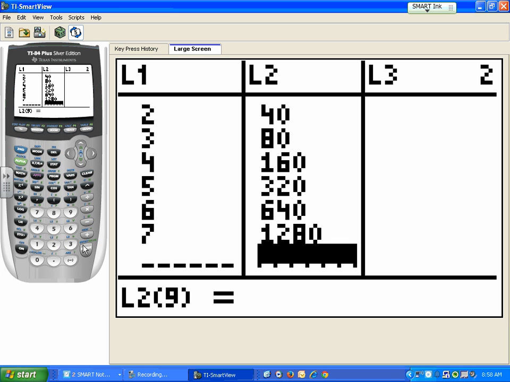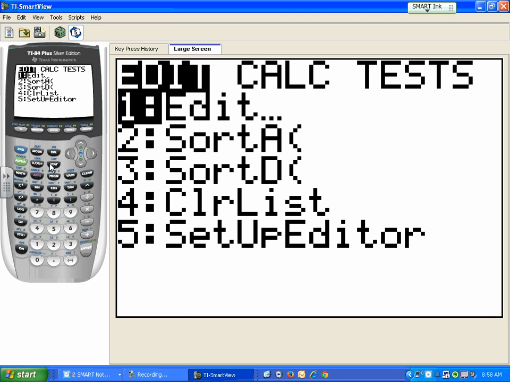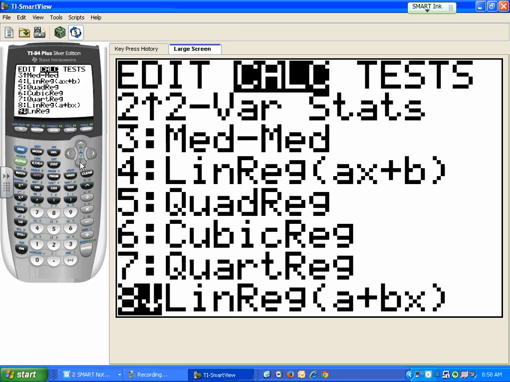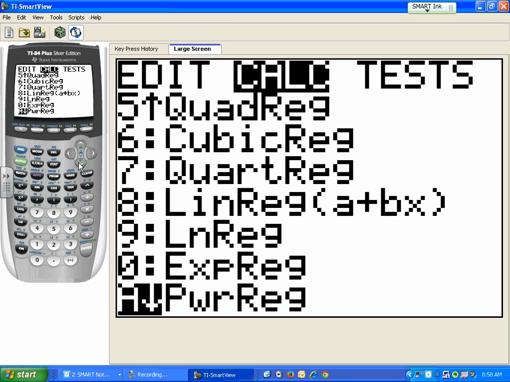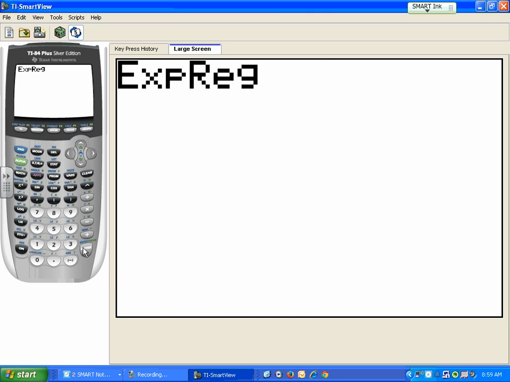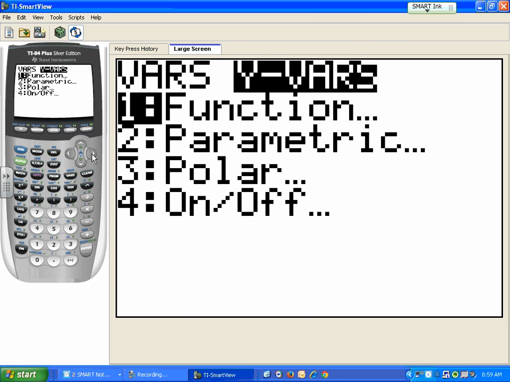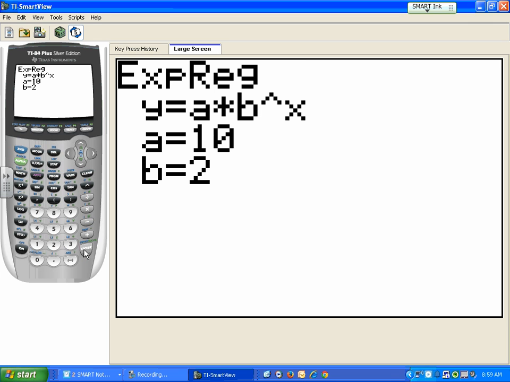So we want to go like we've done before, stat, calculate, but this time we want to get exponential because it's not linear, it's not quadratic. It's down here at, what would be 10? It says 0 on there. So if you're just picking the number, you can pick 0. So I'm going to pick exponential, go to variables, we've always done Y, and get equation 1.